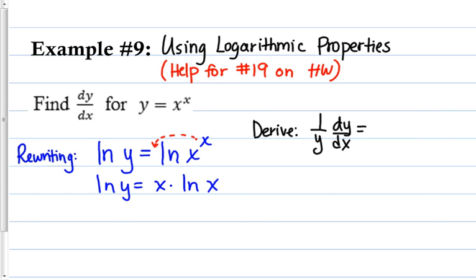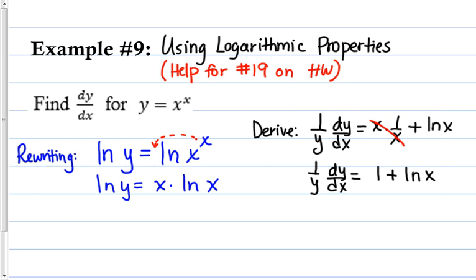So x times the derivative of the natural log of x plus the natural log of x times the derivative of x, which is 1. Like I said, we did that already, but I'm just doing it again. The x's do cancel out, if you see. So I have 1 over y dy/dx equals 1 plus the natural log of x.